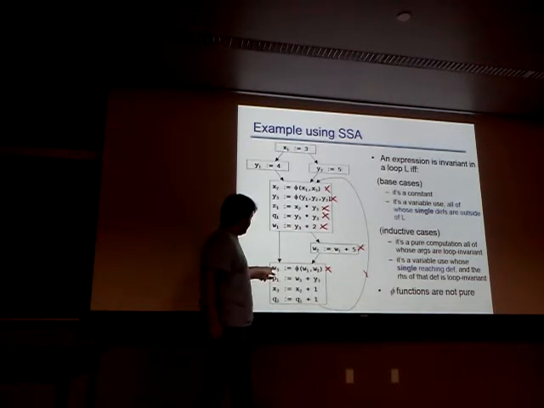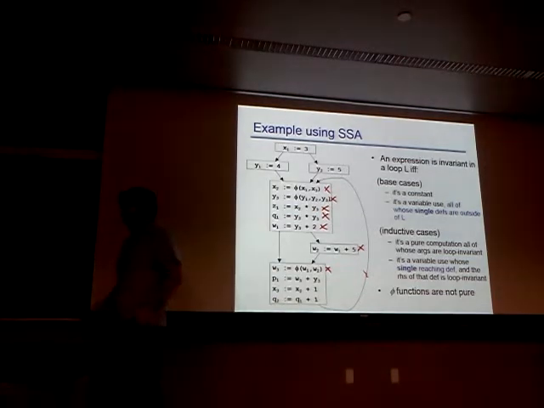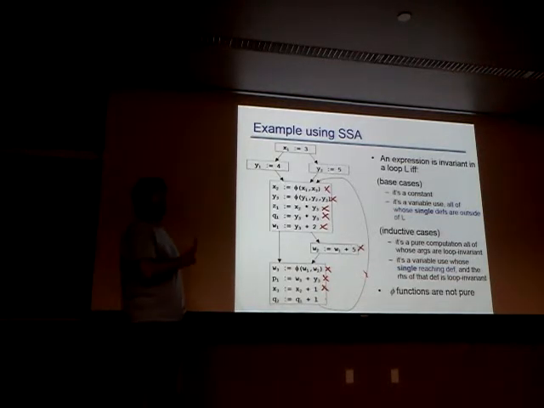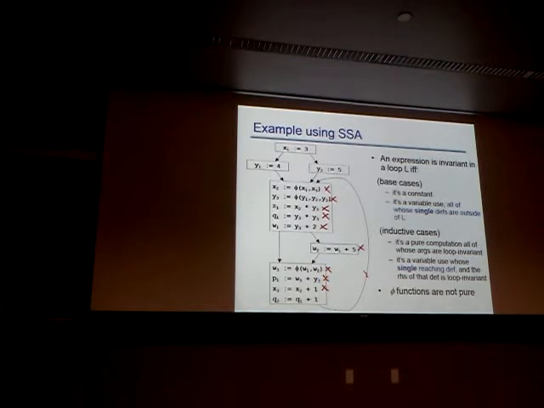This w3, well, that's definitely not loop invariant. Now this x2, where does this x2 come from? It comes from here. It comes from a phi node, so that's not loop invariant either. We're doing really well here. This is very fast. Okay, Q, what about Q?